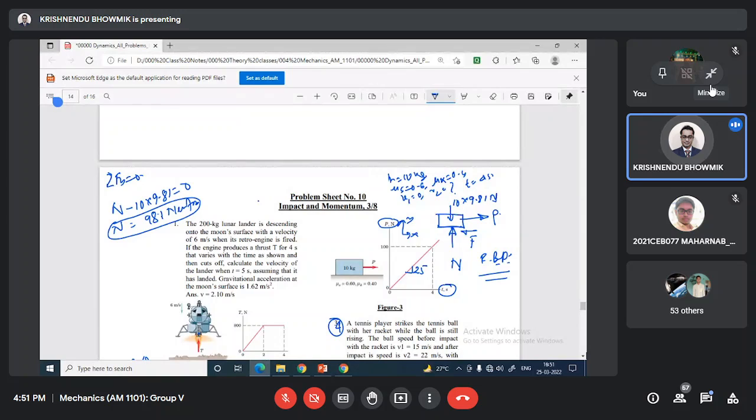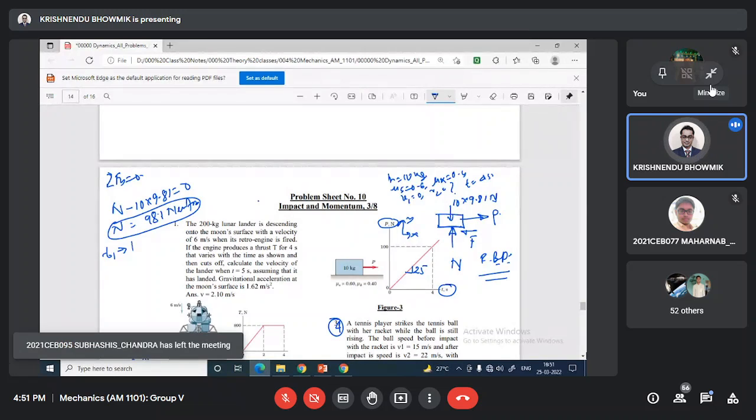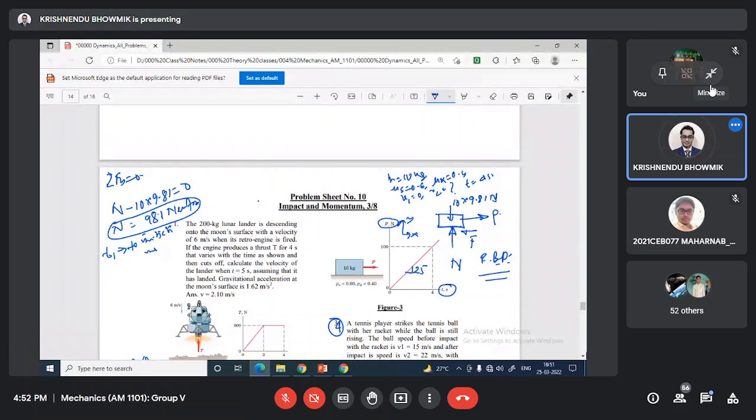Now how much time is required to start motion? We have to calculate. If T1 is the time required to have the motion, T1 time is required to initiate motion.